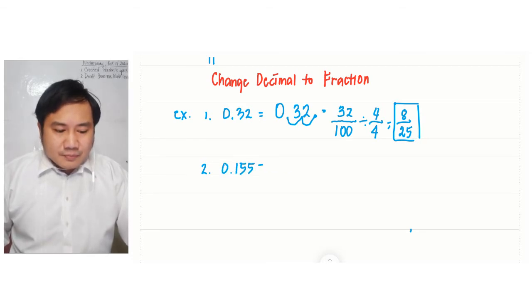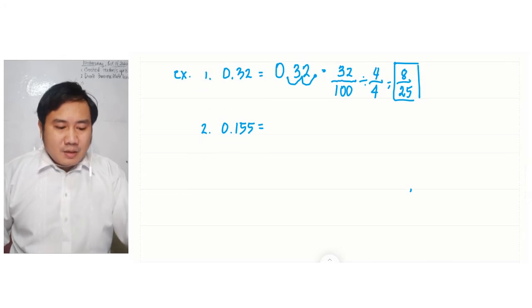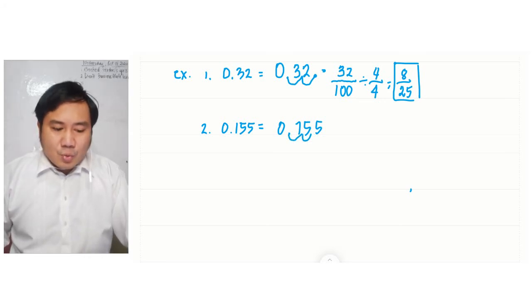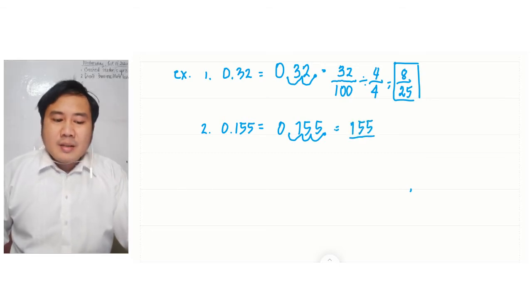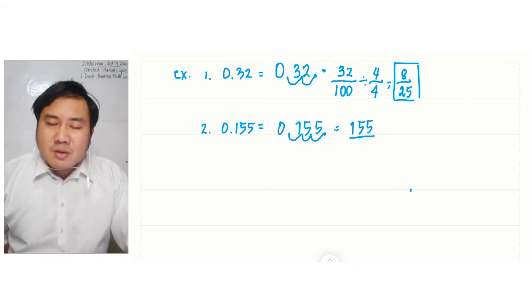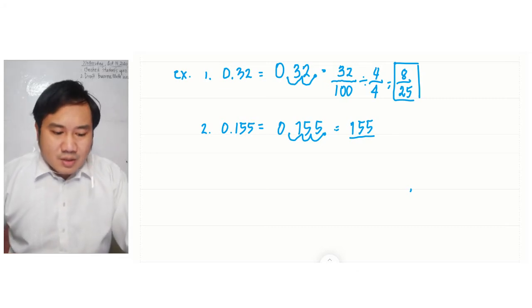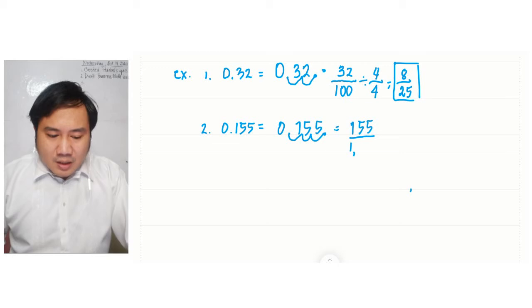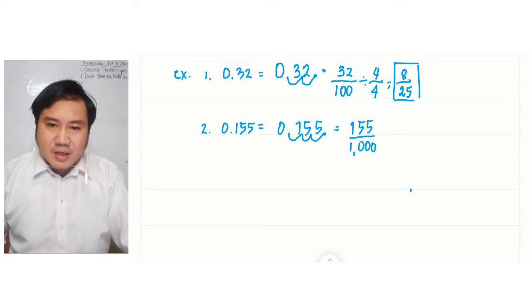0.155. Okay? So, again, locate kung nasan si decimal point. And then, dalhin natin siya sa pinakadulong kanan. 1, 2, 3. Para maging whole number siya, 155. And then, the number of decimal places will correspond to the number of zeros. Since tatlo yan, so the denominator is 1,000.